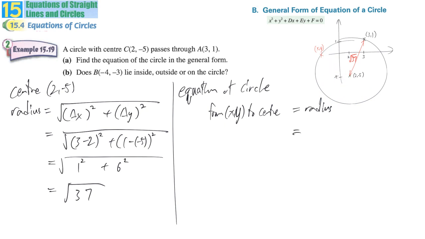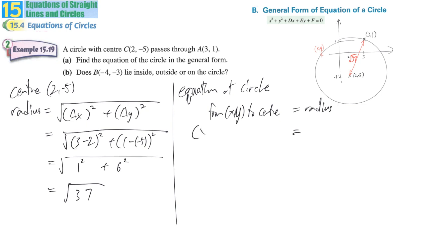By the distance formula, there is a square root. Our radius is square root 37. Since both sides have the square root, usually we immediately square.